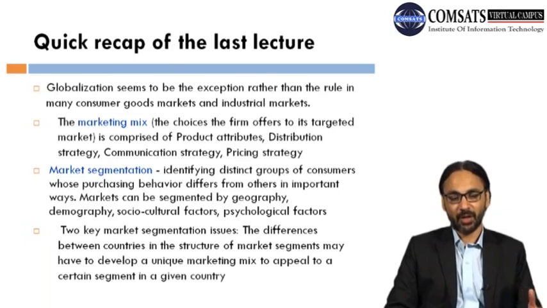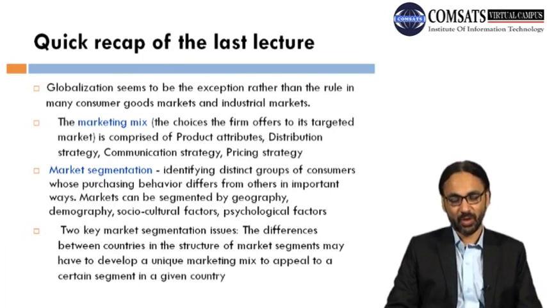Then we talked about market segmentation, which is identifying distinct groups of consumers whose purchasing behavior differs from others in important ways. Markets can be segmented by geography, demography, socio-cultural factors, and psychological factors. There are two key market segmentation issues.